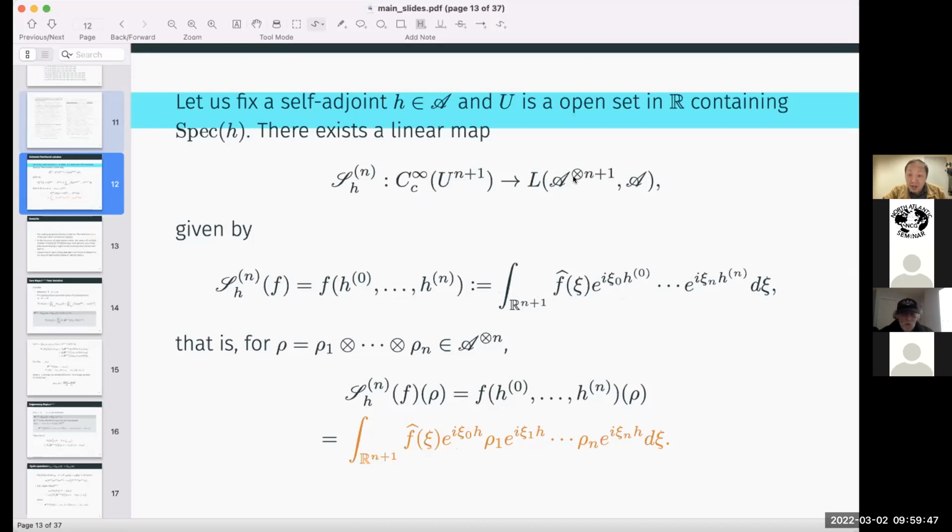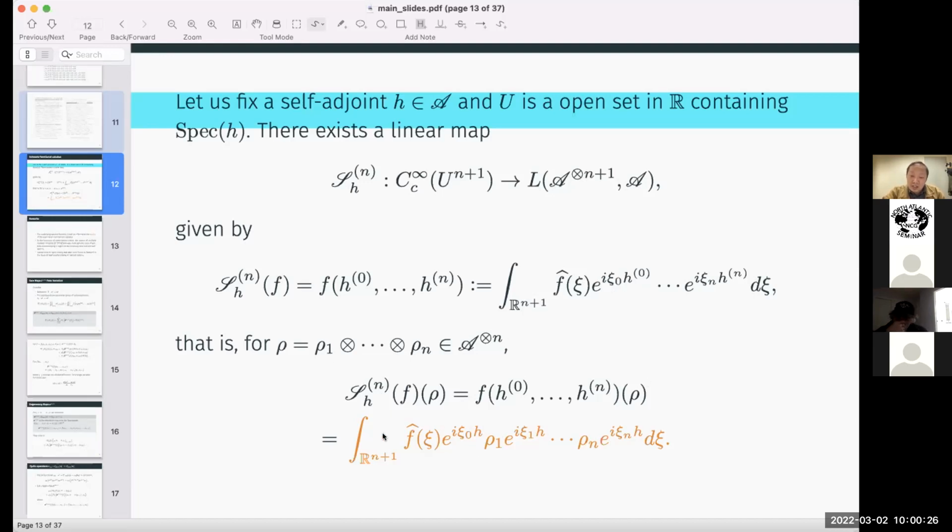For each function, you can quantize it to a linear operator from the tensor product of n plus 1 copies of A to A. It acts on elements like rho 1 tensor through rho n in A. The indices 0 and n just label the slots: 0 is the very left slot, n is the very right slot, and 1 through n minus 1 are in the middle.